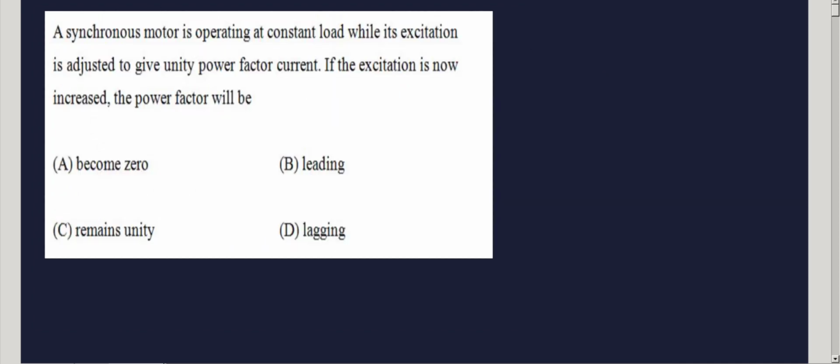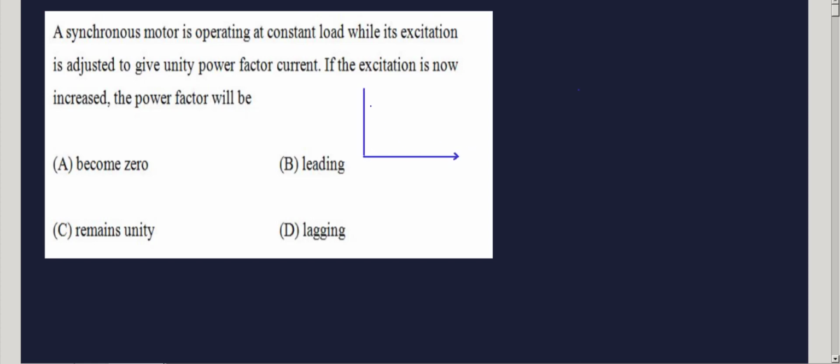Next question. So let's see the next question here. A synchronous motor is operating at a constant load while excitation is adjusted to give a unity power factor current. If excitation is now increased, what happens to power factor?